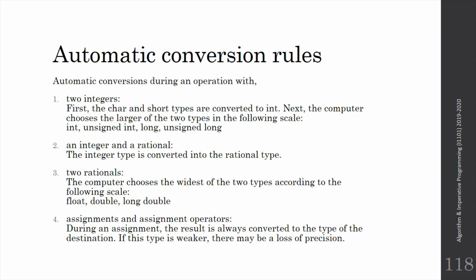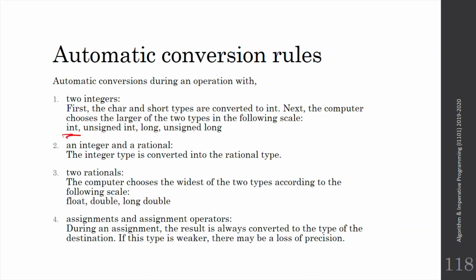So here we have the rules for automatic conversion. If we have 2 integers, char and short are usually converted into int, and then the computer will choose the larger of the 2 types. So if you have int, unsigned int, long, or unsigned long, it will choose the biggest one.